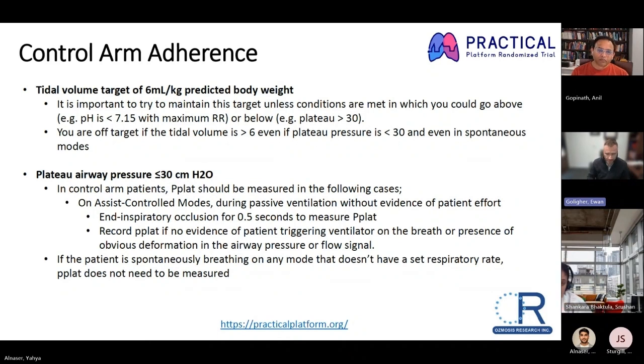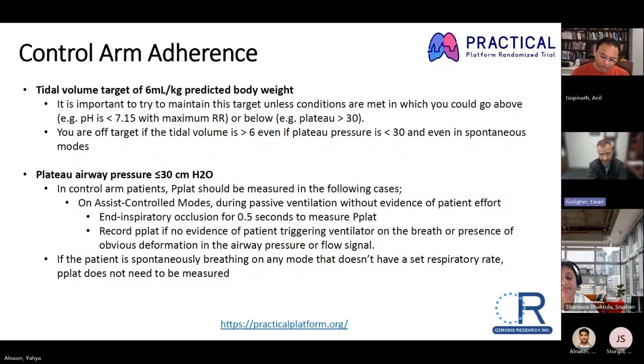So if they're in volume control or pressure control, they're not breathing, the POC is 0, then you can measure a plateau pressure. And the way we measure the plateau pressure is we apply a brief occlusion for about 0.5 seconds. And if there's no signs of breathing or expiratory muscle effort, then the plateau pressure would be recorded at that 0.5 second mark.